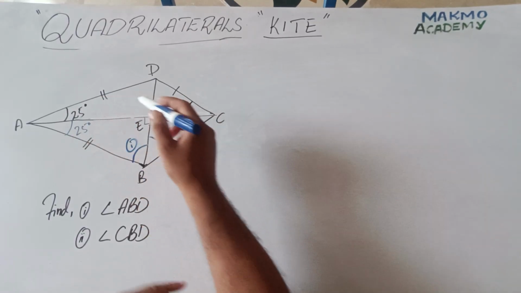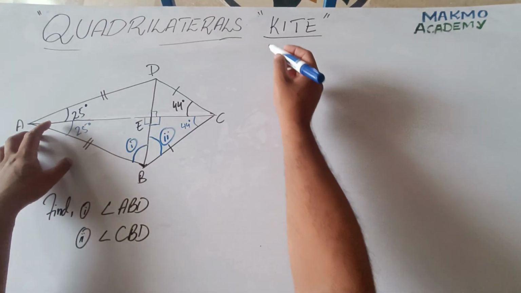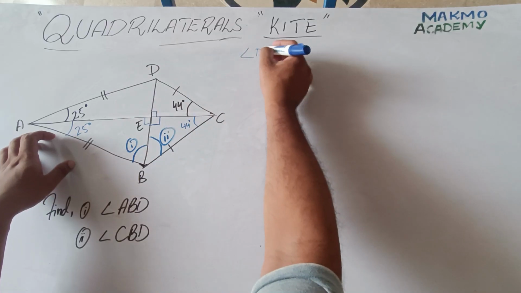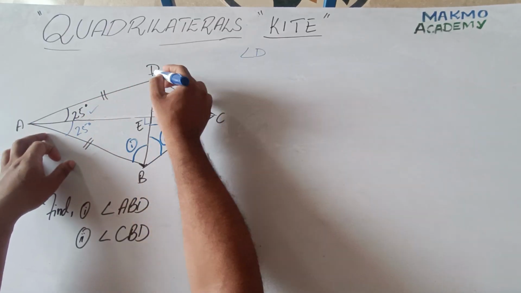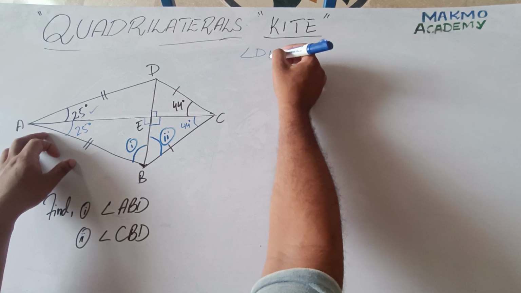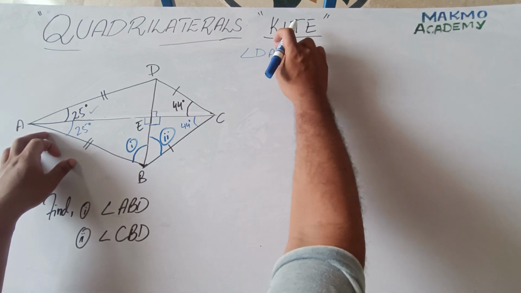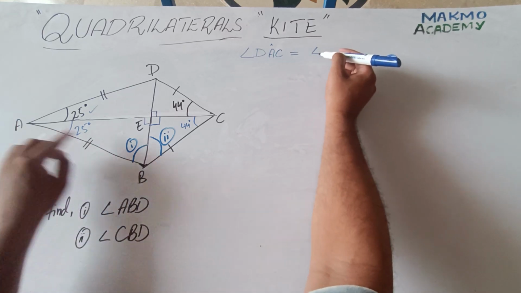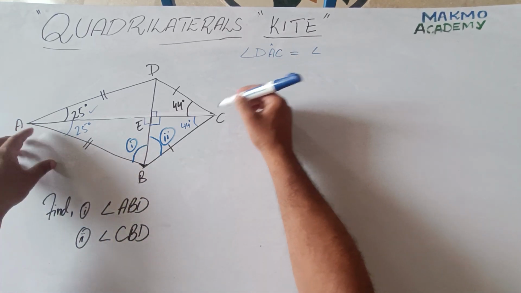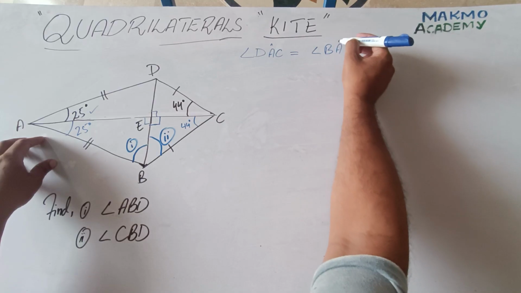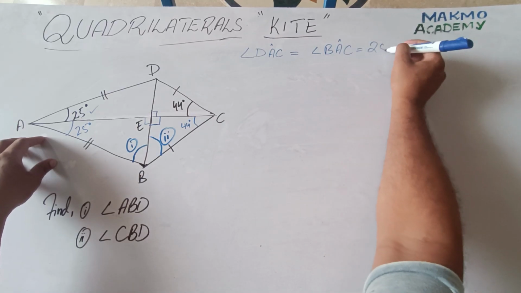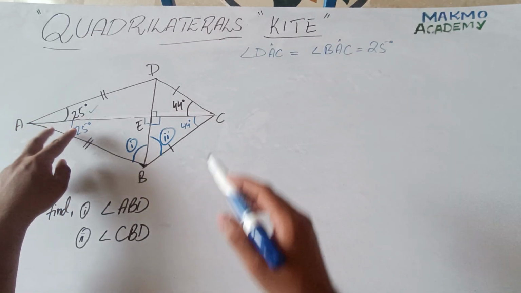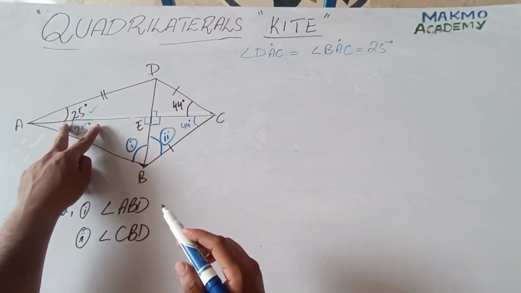Before proceeding towards the equation, first of all we will write that angle DAC, I'm talking about this angle, angle DAC is equal to angle BAC, and they both are equal to 25. This is the reason why I have written 25 over here.